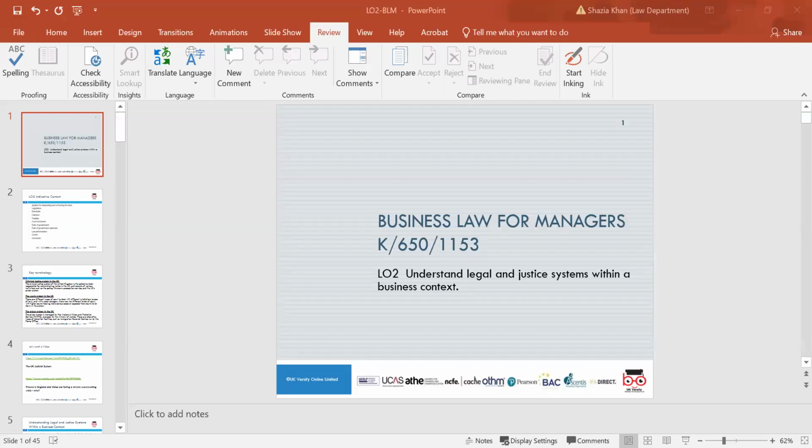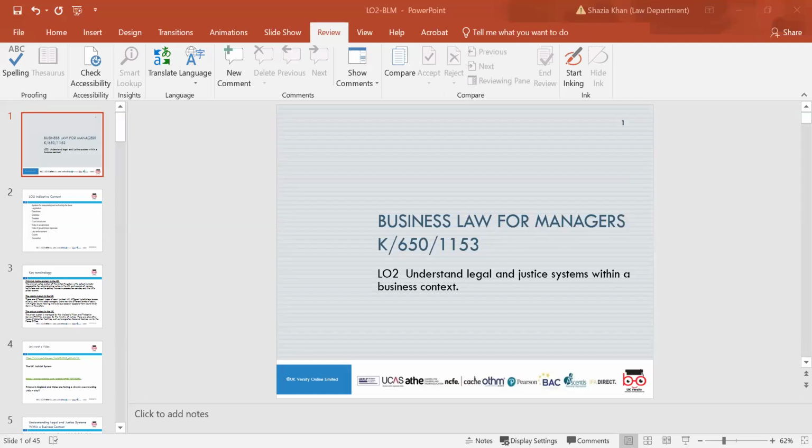We also looked at elements of differentiating between civil and criminal law. So what the purpose of civil law is, the legal action, the outcome, the burden of proof, and examples of that both for criminal and civil law. We looked at scenarios where we looked at how to differentiate between civil and criminal law. And we looked at an example of a scenario in civil law and how that could become a criminal law example too.